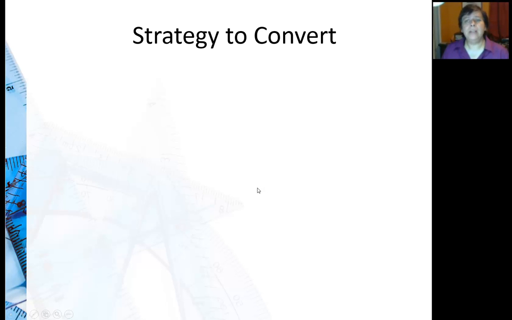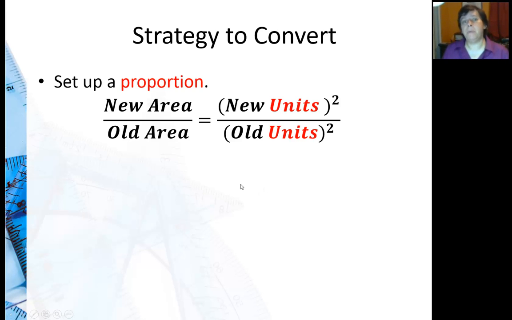One strategy to convert is to set up a proportion. If you remember when we studied scale factor and we looked at the area of one object compared to another for dilation, we found out that it was proportional to the scale factor squared. Well, this is a lot like that. We're not actually shrinking it. We're just changing the units that we use to measure it.